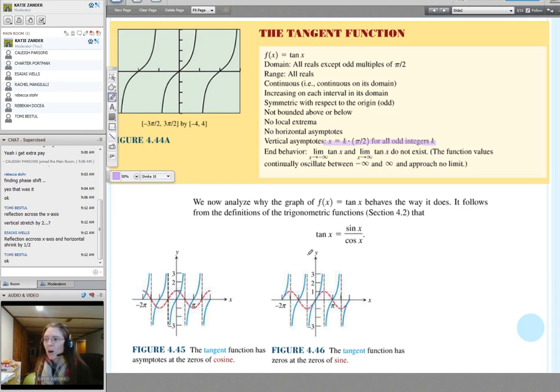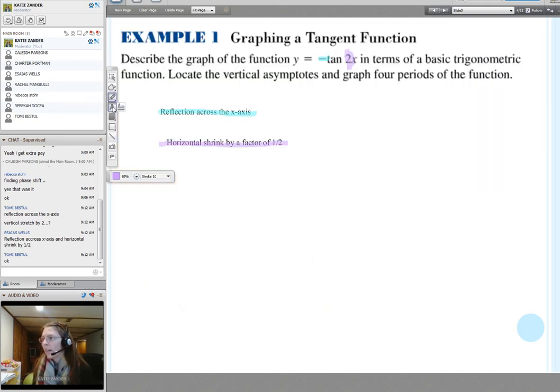We say odd multiples of k. Now, it is pi over 2, so I'm going to go ahead and write that to begin with. However, horizontal shrinking and stretching is going to affect your asymptotes. So anytime you have a horizontal stretch or shrink, it's going to affect your asymptotes.